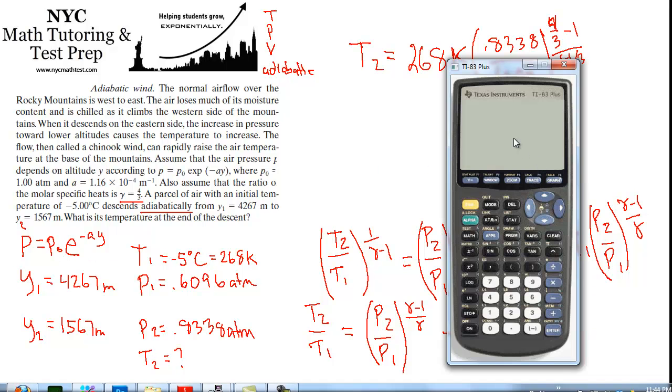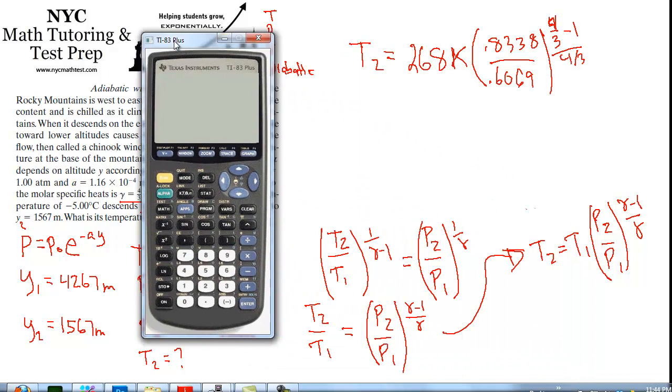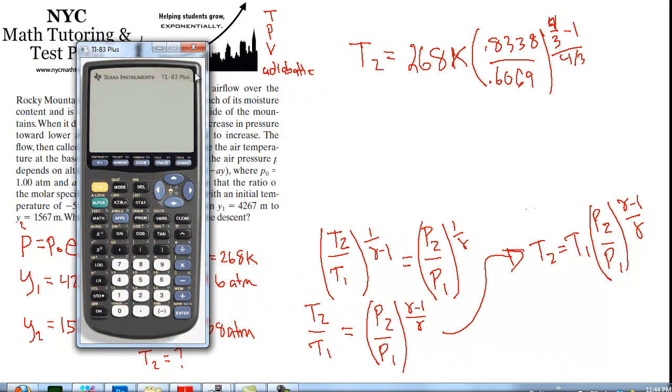Let's grab the calculator and plug those numbers in. Let's see what we get. Let's do the exponent first just to see what that is. We have 4/3, subtract 1 from that, and then divide by the quantity 4/3.